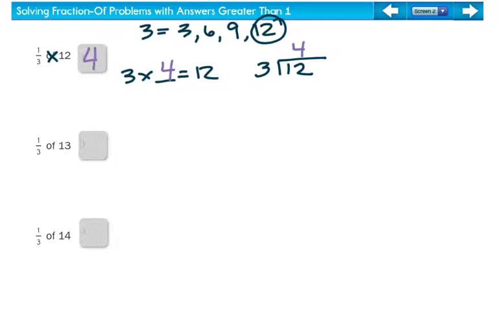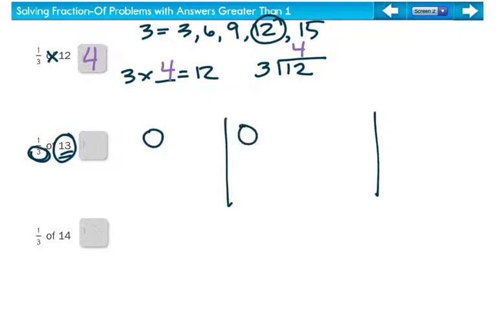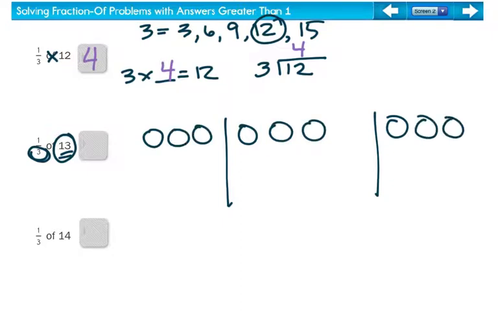But sometimes that doesn't work as neat. So if you look at 13, if we find 1/3 of 13, 13 is not a multiple of 3. So if I think of it in terms of pictures again, if I have 13 things, I'm going to divide them into groups of 3. I would go ahead and go 1, here's my groups of 3. 1, 2, 3, 4, 5, 6, 7, 8, 9, 10, 11, 12.